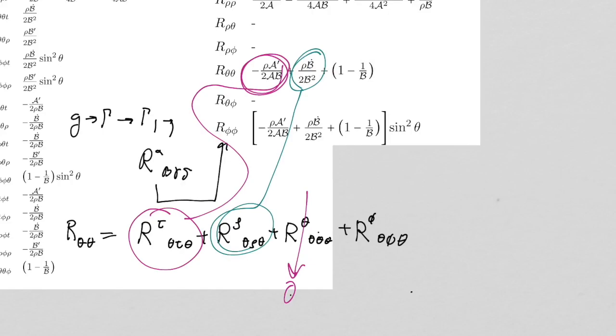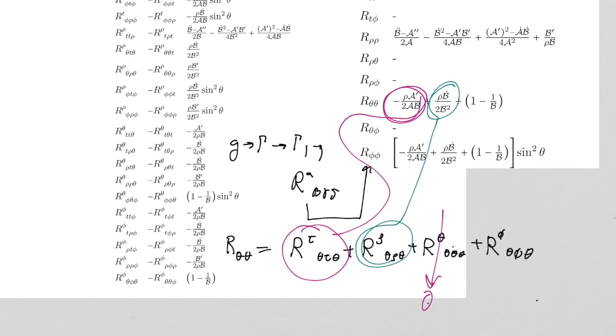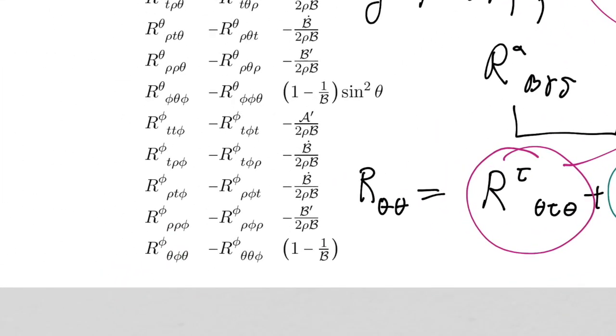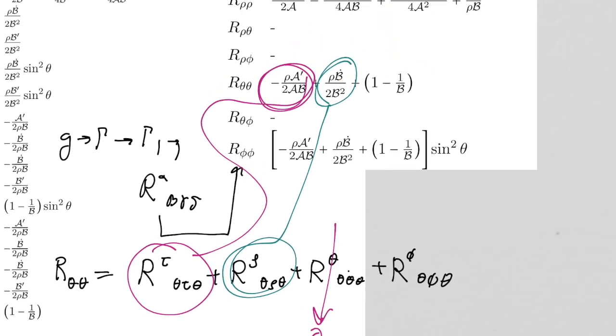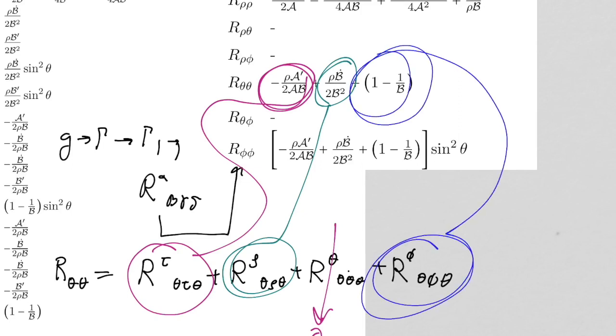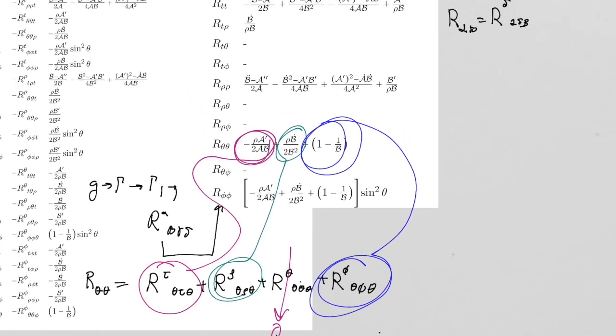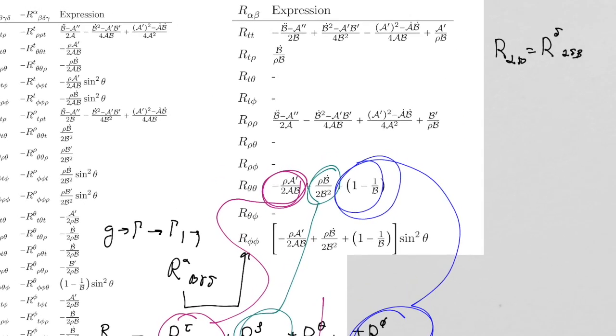And that better be 1 minus B. R phi theta, phi theta. And there it is, 1 minus B. So that goes there. And there's not much simplifying to be done. So you do this for each of those, and now you have all the possible expressions for the Ricci tensor components. And here I've included the ones that are 0.